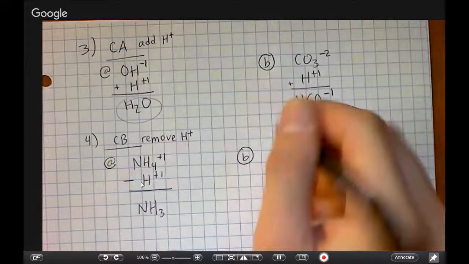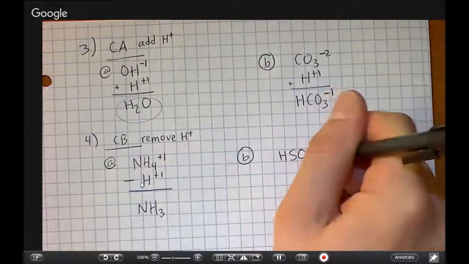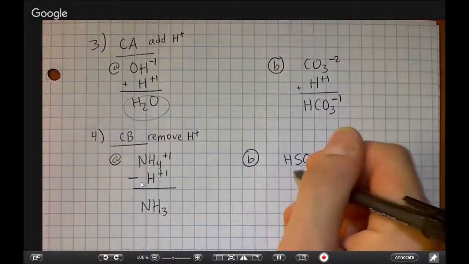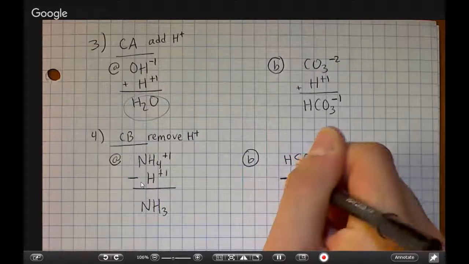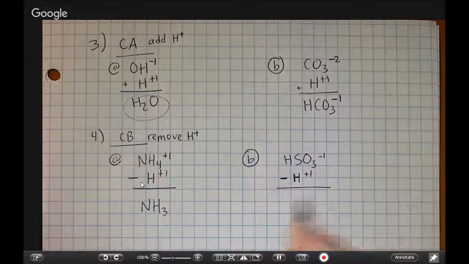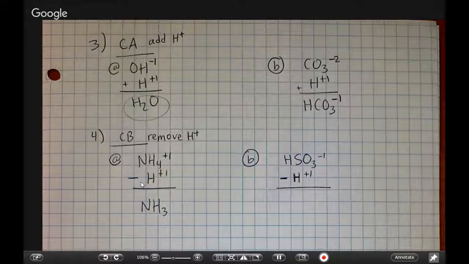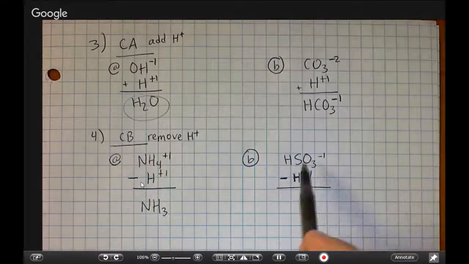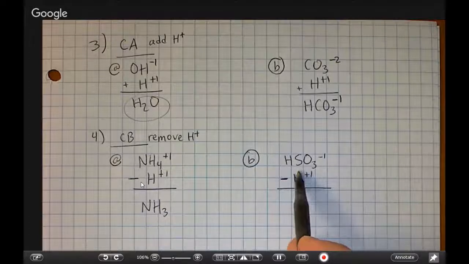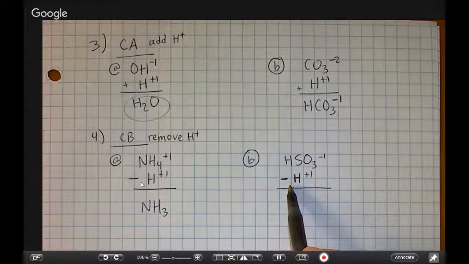Okay, for B, we have this formula here. If we want to find the conjugate base, we subtract an H+. So what do we have for the formula part here? We take away an H, so what's left of the formula?